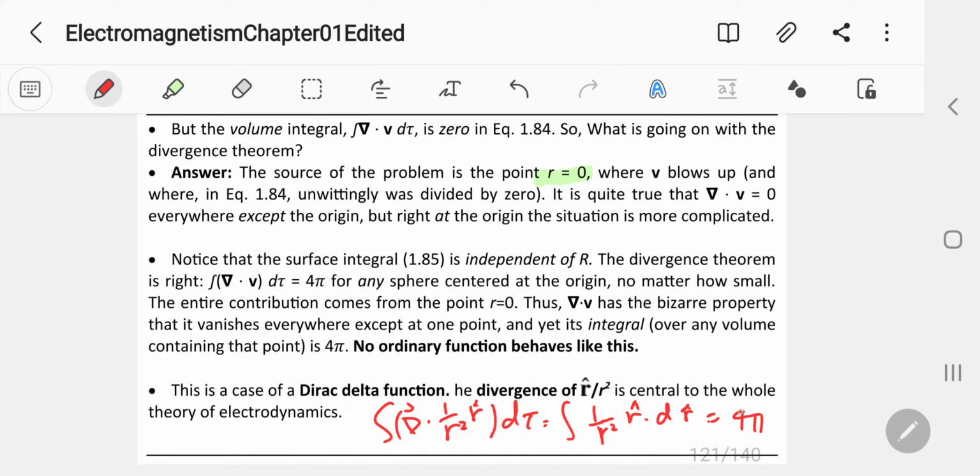And this can only be given by a Dirac delta function, this one. There's a note here that no ordinary function behaves like this, and the only function that does is the Dirac delta function.